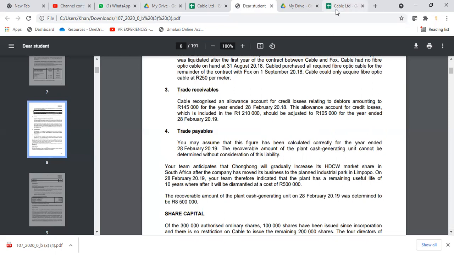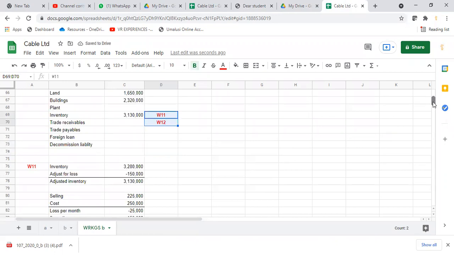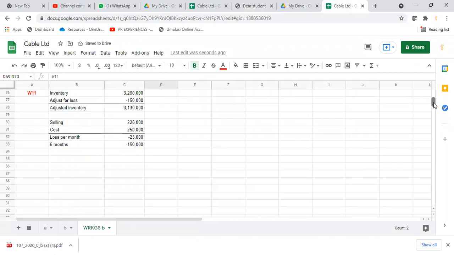Okay, so that means it's going to be a similar adjustment to trade receivables as we did for inventory. So we're going to say working 12, and I'm going to have trade receivables. For trade receivables, the balance is 1210, 123.